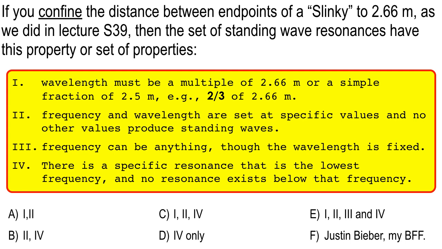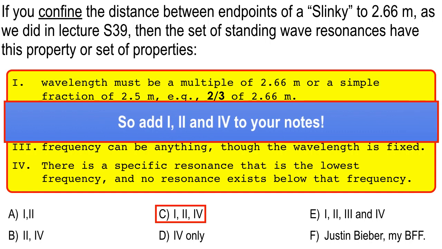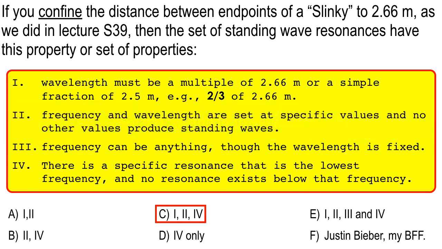All right, so the answer here is C. And let's see what you guys voted for. Yeah, a plurality of people voted for C. But go ahead and add those to your notes if you haven't already. 1, 2, and 4.